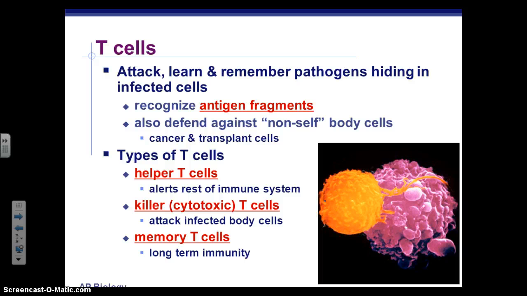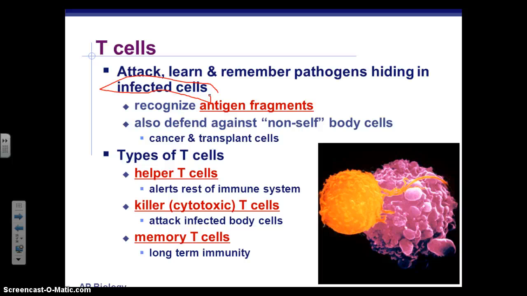So T cells, unlike B cells, attack pathogens hiding in infected cells, and they recognize antigen fragments. And this allows them to also defend against non-self body cells, so cells that are in your body that are not yours.